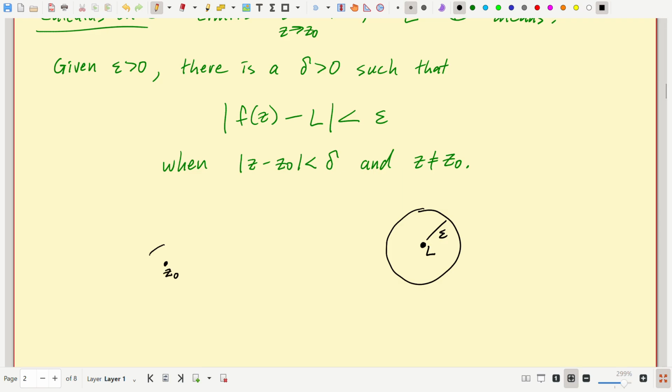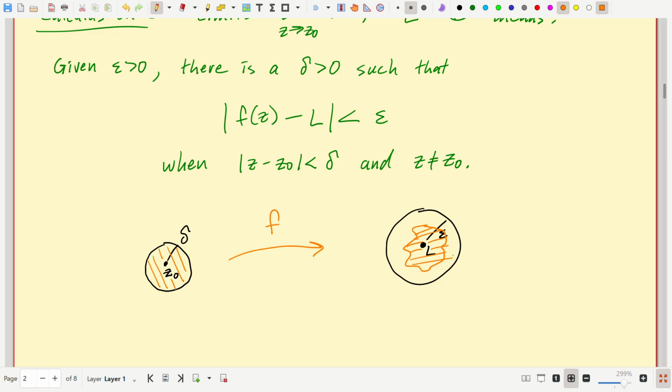This might be a really small disk, who knows? So that's radius delta. And what this definition means is that this shaded region gets mapped by f to something inside here. So a blob.